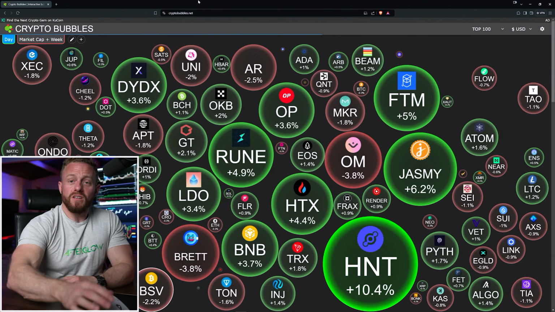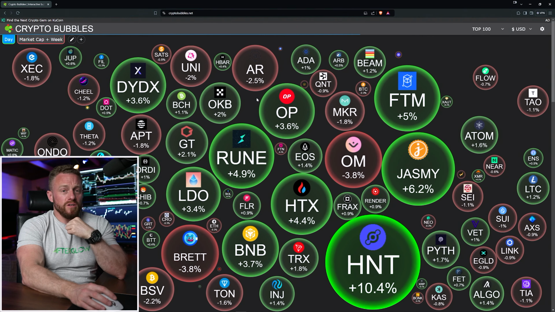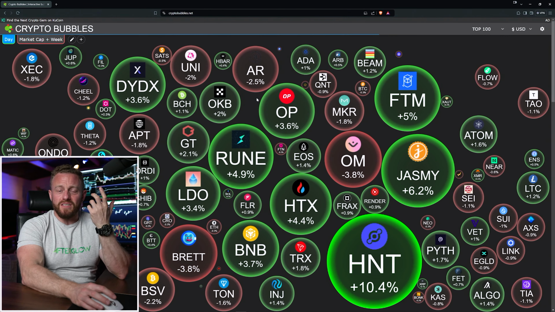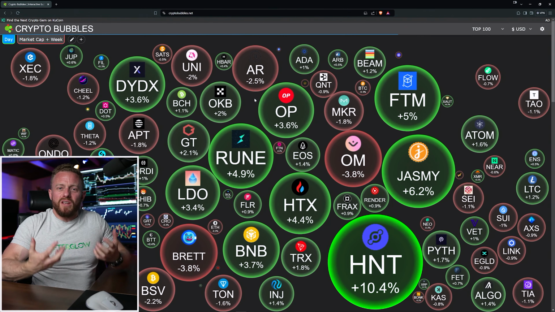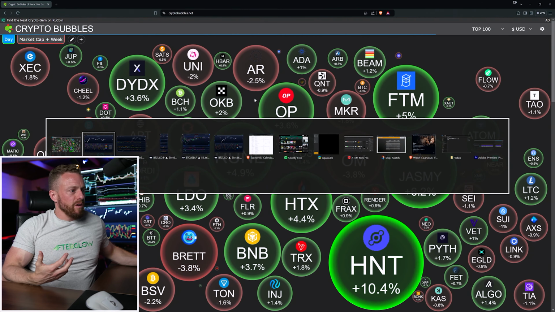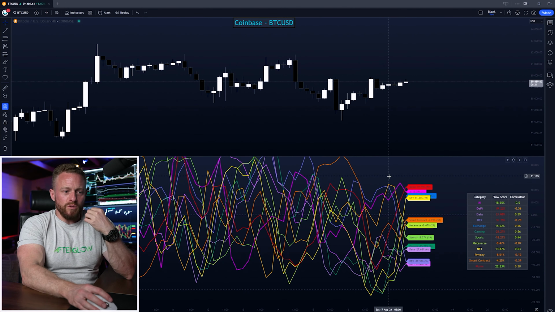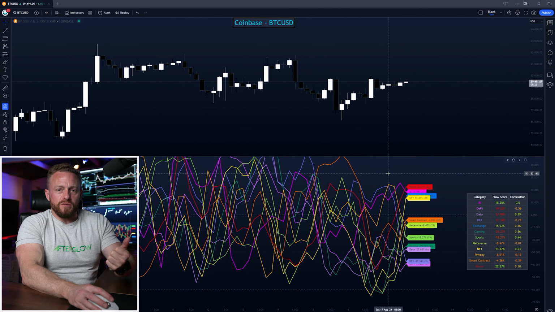This is a great tool, and I think it's better than the alternatives. You can look at something like Crypto Bubbles, which looks kind of fancy, but it doesn't really give you anything actionable in terms of trying to find a trade setup. Whereas the Capital Flow Index tool, it takes a bit of getting used to, but what's nice about this is you can load it on your TradingView chart.